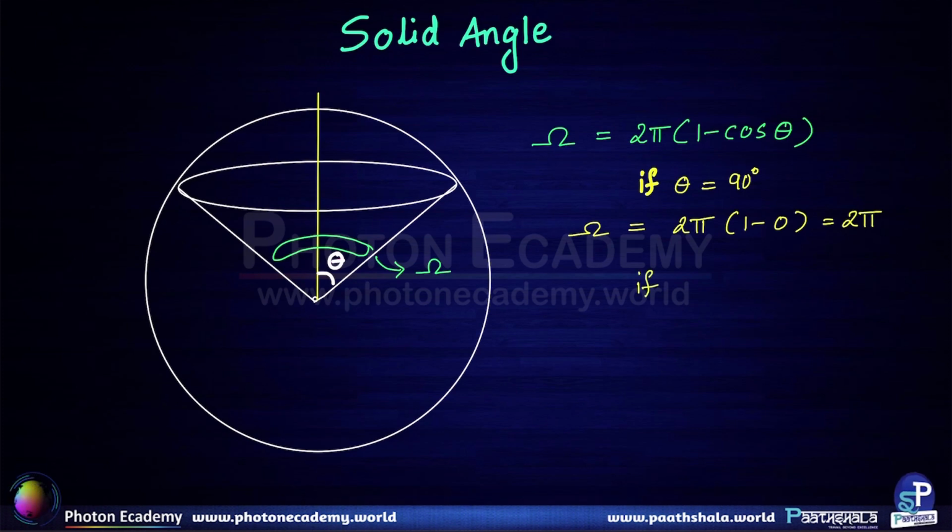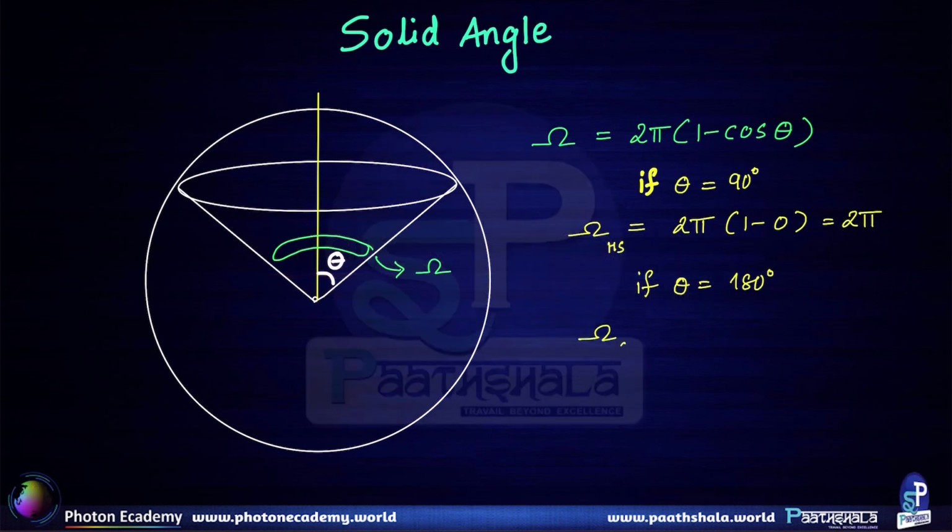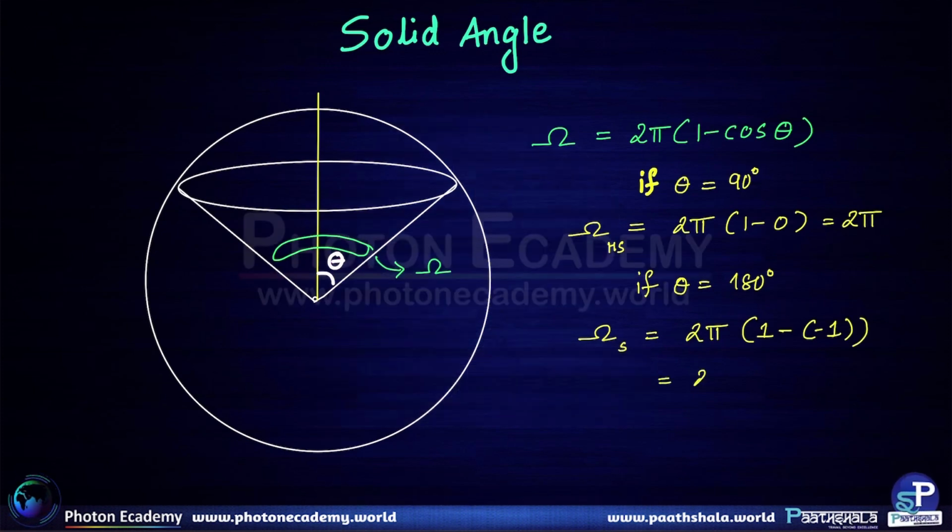If theta is equal to 180 degrees, then we are dealing with the entire sphere. Then omega, so this is omega for a hemisphere, this is omega for a sphere. For 180, cos of 180 happens to be minus 1. So here we'll get 1 minus cos 180, which is 1 minus (minus 1), and thus we'll be able to write 2 pi times 2.